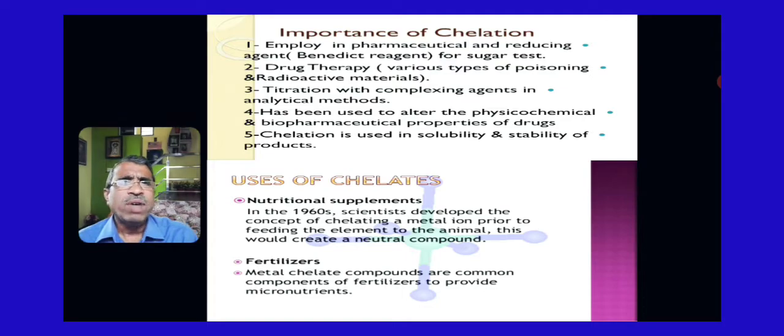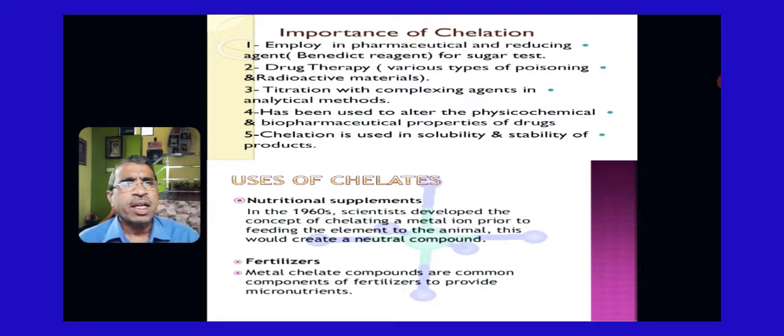Here also I have given in this slide the importance of the chelations and the uses of chelates in nutritional supplements, in fertilizers also. So in the 1960s, the scientists developed the concept of chelating a metal ion prior to feeding the element to the animal.